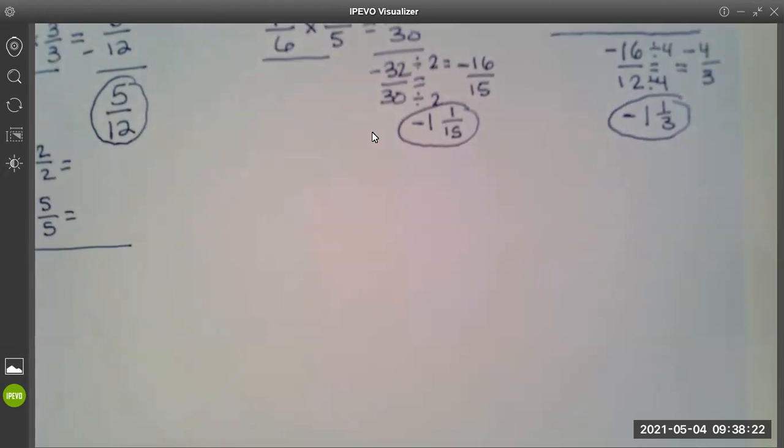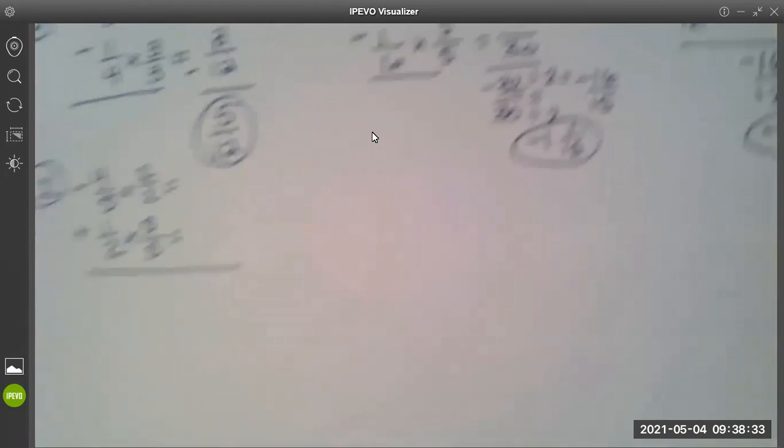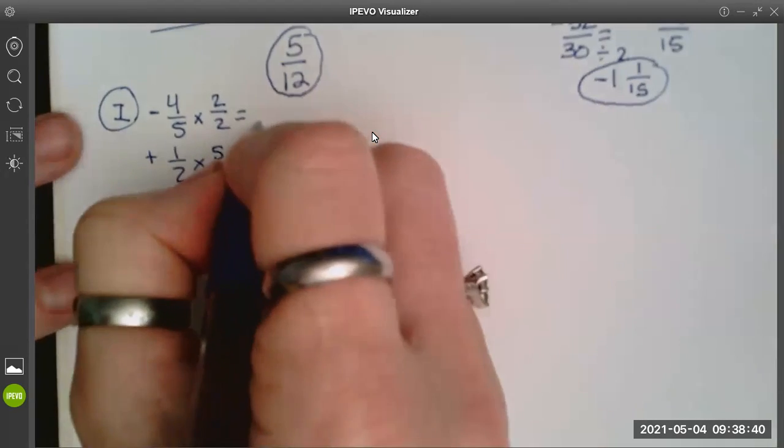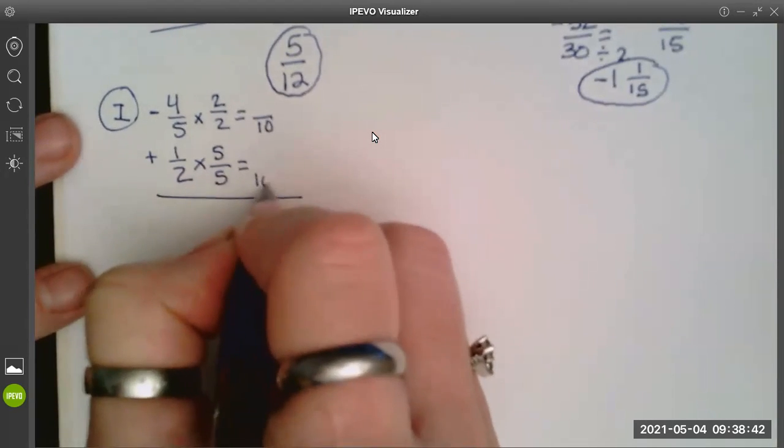What's our target denominator? 5 times 2. Sorry, it's tricky. 5 times 2, 10. So the bottoms are 10.